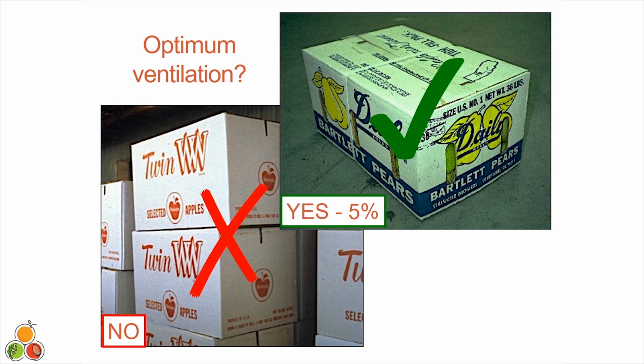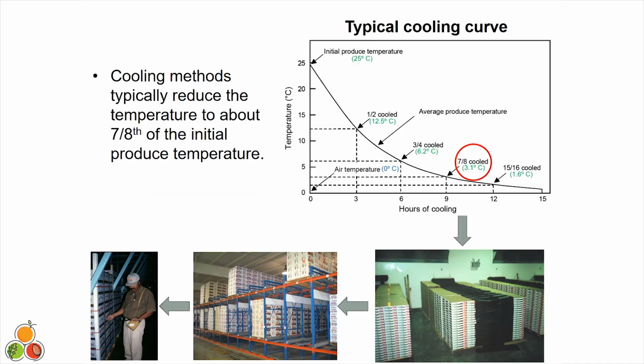We talked about optimal ventilation. Here we have a perfect example where there is basically no ventilation in this package right here, and this one is optimum at around 5%. So you will see significantly better cooling here in comparison to these boxes right here. Typical cooling curves, you'll hear this quite frequently: 7/8 cooled, which is basically in relationship to the initial produce temperature.